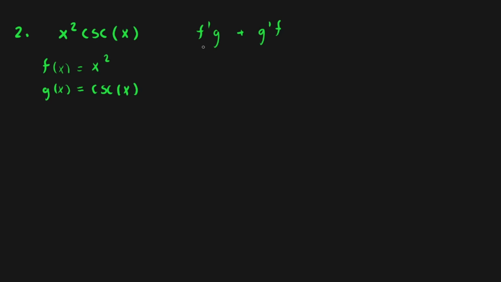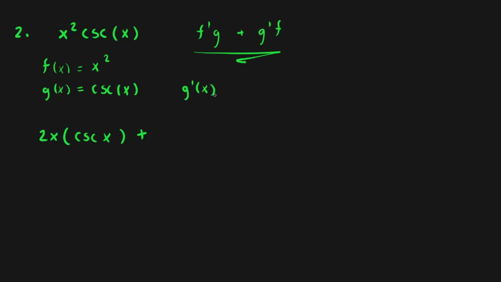So now we have to use this product rule. f prime is 2x multiplied by g, and g is just cosecant x, plus g prime f. So let's differentiate cosecant.